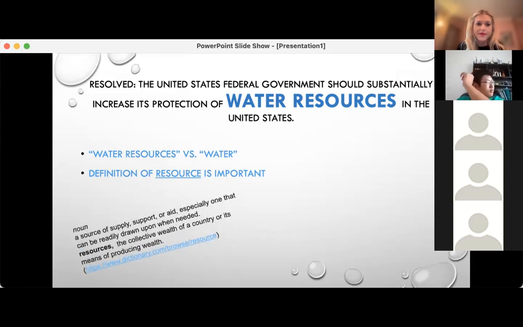So I pulled a couple of definitions that I found tentatively online. One is from dictionary.com. Resource, being a noun: a source of supply, support, or aid, especially one that can be readily drawn upon when needed, or the collective wealth of a country or its means of producing wealth.